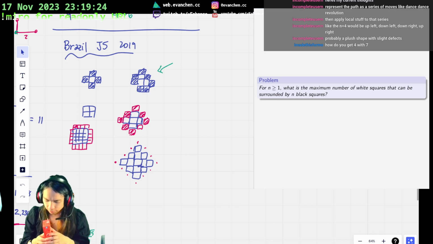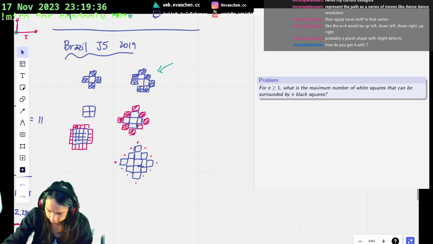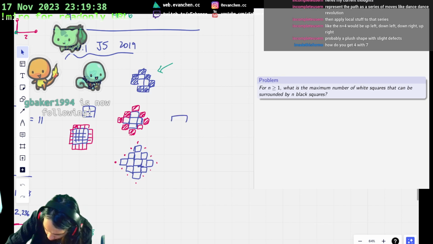Because the tilted square hugs most of the black cells, they have like double perimeter, like 2 cells of the black hit the white border. How do you get 4 with 7? You do this, I think.